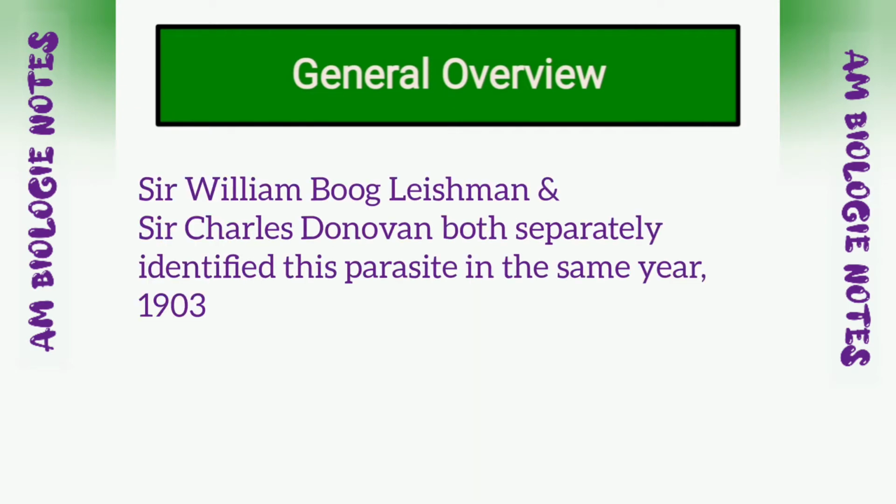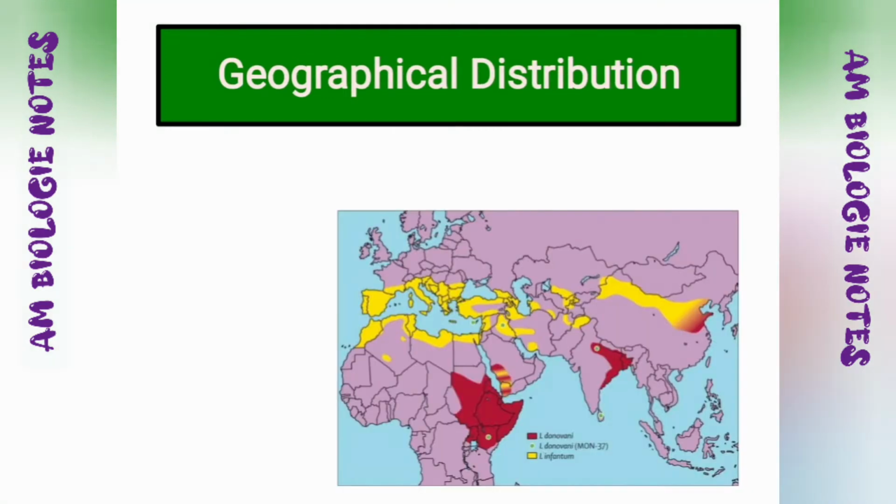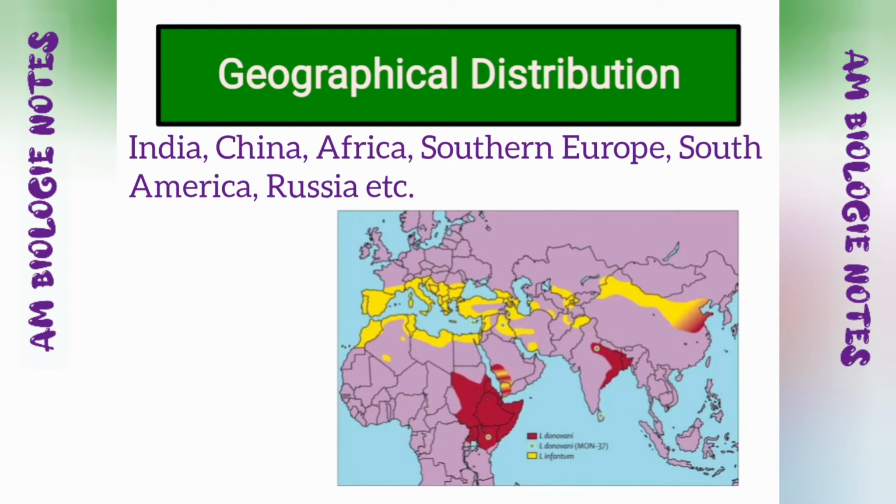It was named after two scientists, Sir William Boog Leishman and Sir Charles Donovan, in the year 1903. They are endemic in many places in India, China, Africa, Southern Europe, South America, and Russia.